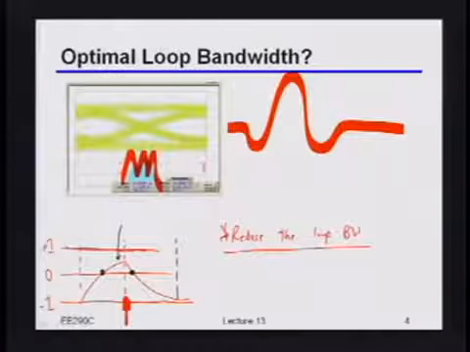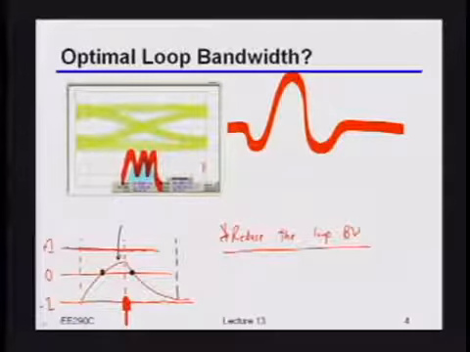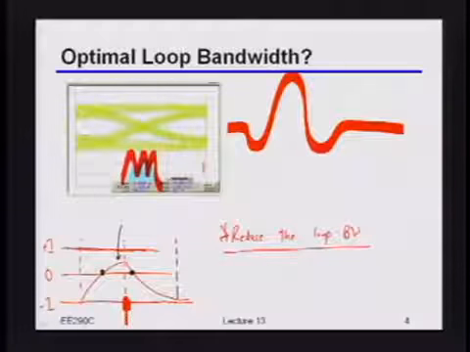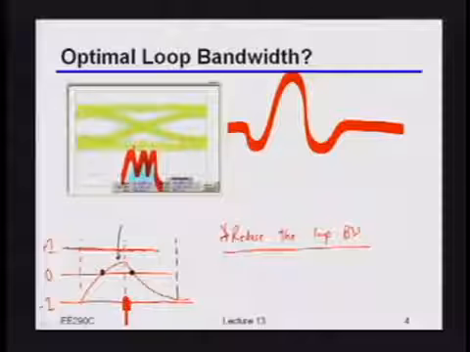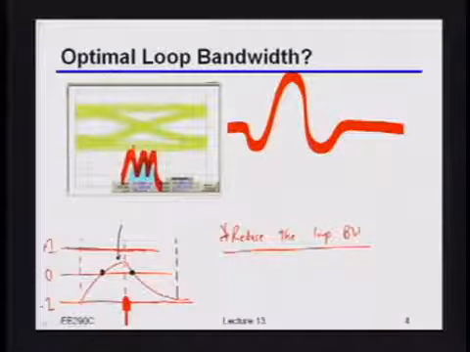So it's a combination of, we want to make the loop bandwidth high because of the VCO noise, but we want to make it low because of the jitter on the incoming data. And with this particular architecture, there was no way you could actually do that, right?